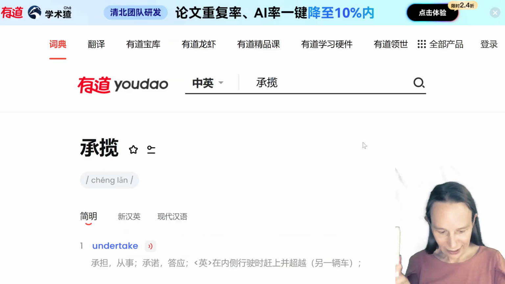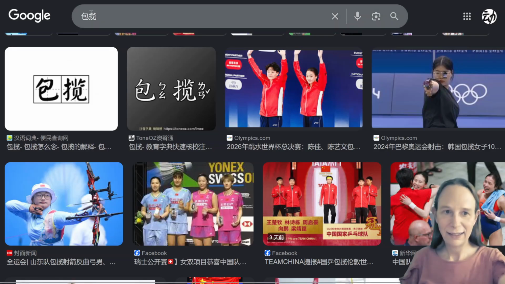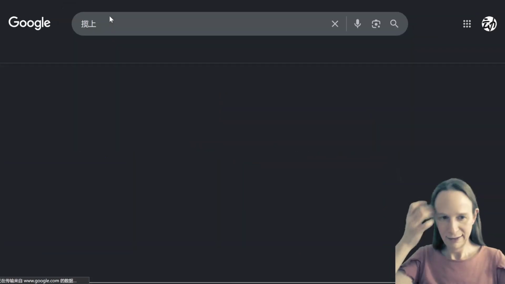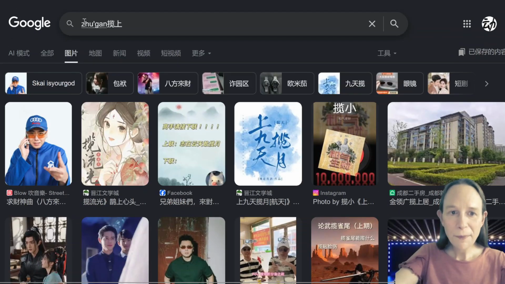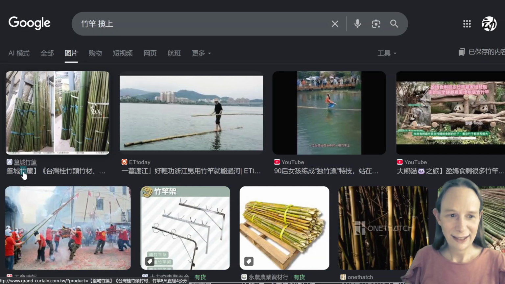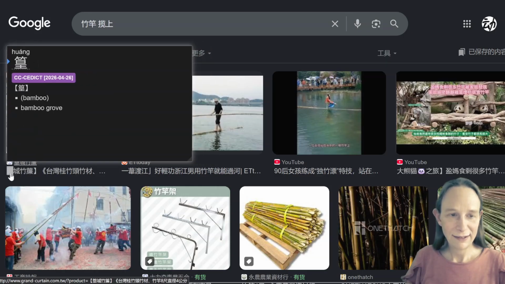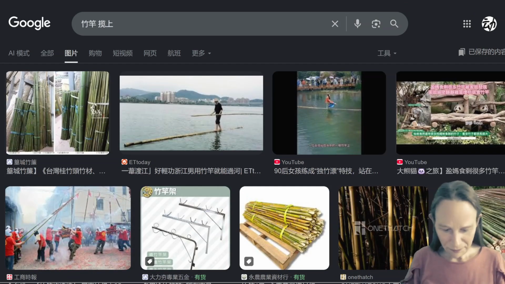Number 4 is 捆. So 用绳子把竹竿拦上。So I'm expecting bundles of 竹竿, wooden bamboo sticks like this. This is pretty rare. Let's move on. And number 5 is 书面语采摘上天蓝月.